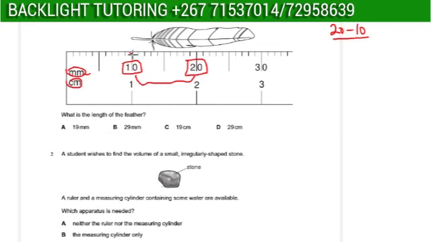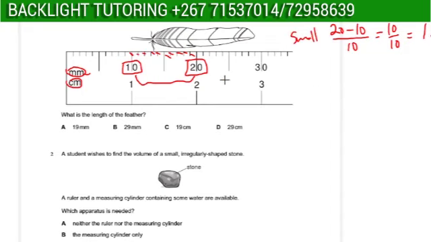So we say 1, 2, 3, 4, 5, 6, 7, 8, 9, 10. This will be 10 over 10, and then we have 1 unit. So every unit is representing 1 unit.